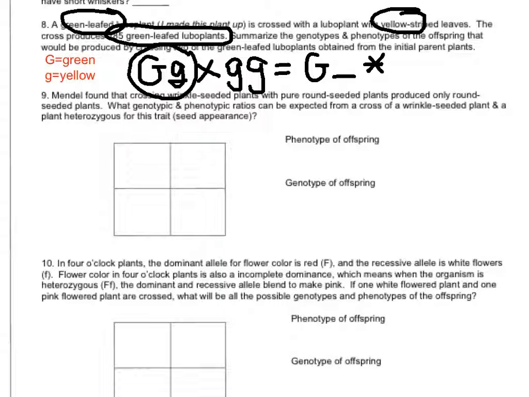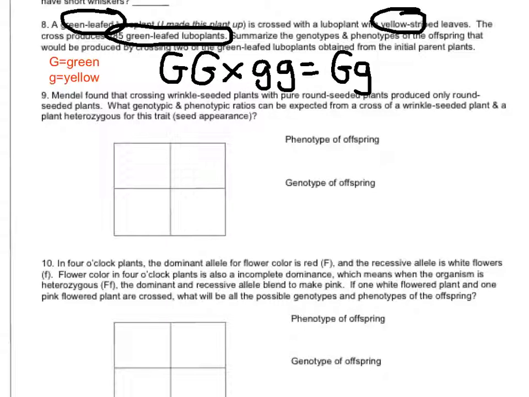That's got to be wrong, because that cross would produce some little g's, and we didn't get any yellow. So that's got to be incorrect, and the answer must have to do with the parent instead being big G. So that must be our cross.